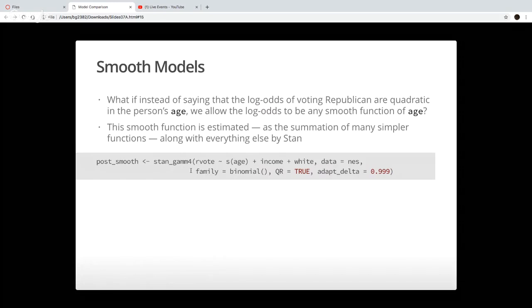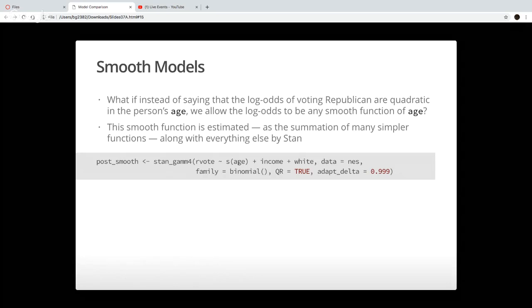So for this smooth model that I estimate with stan_gamm4, pretty much everything is the same, except rather than saying a quadratic function of age, I just say s(age), saying estimate me some smooth function of age. This is a much more complicated model.